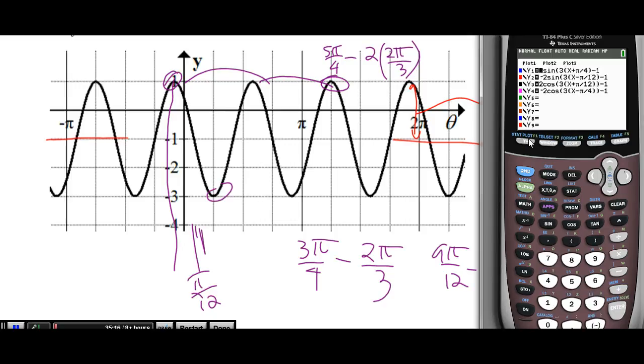Okay, so go here. Minus, negative. It's 3 pi over 4. Oh, that needs another bracket in there. I'm missing brackets here.